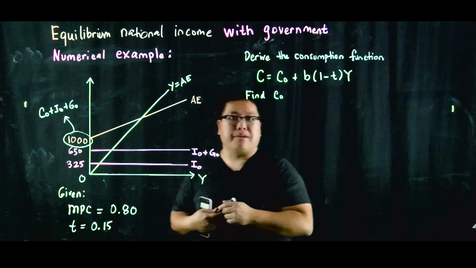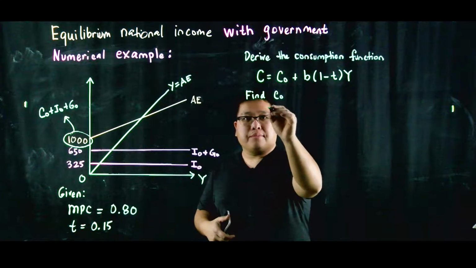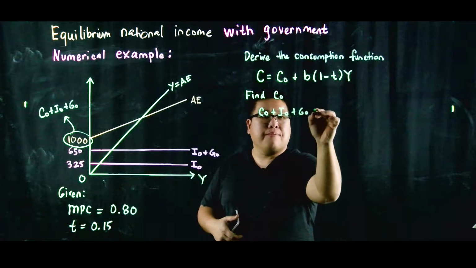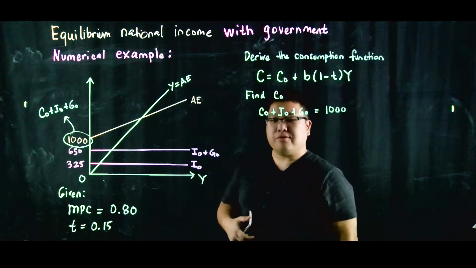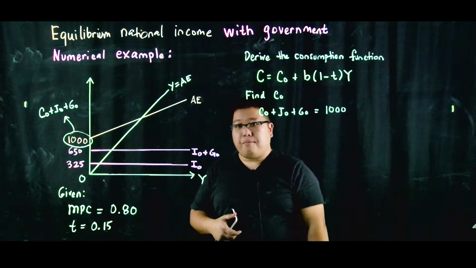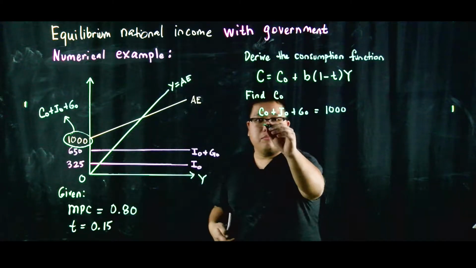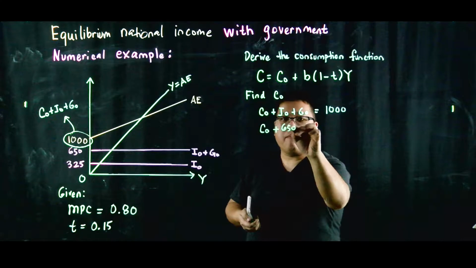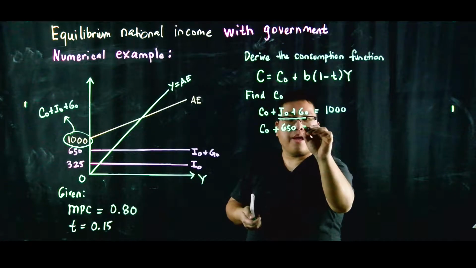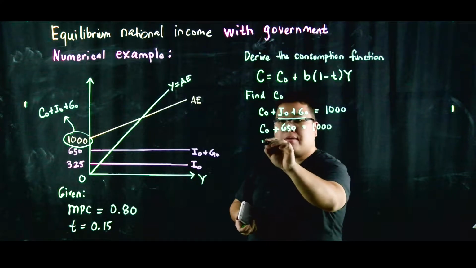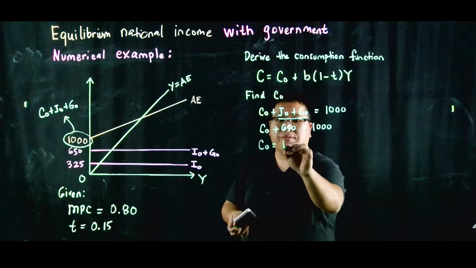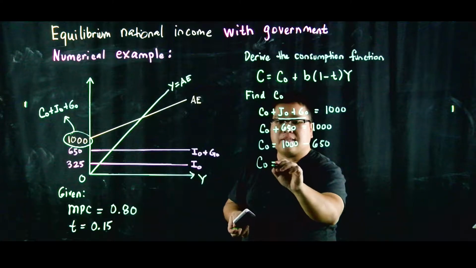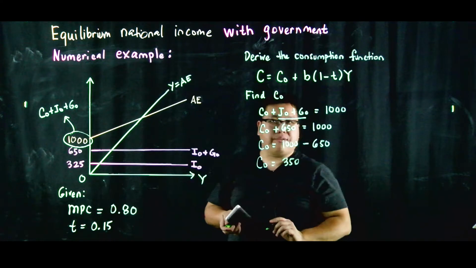We know that C plus I plus G equals 1,000, and these two are equal to 650. Therefore, C sub 0 is 1,000 minus 650. C sub 0 is 350.